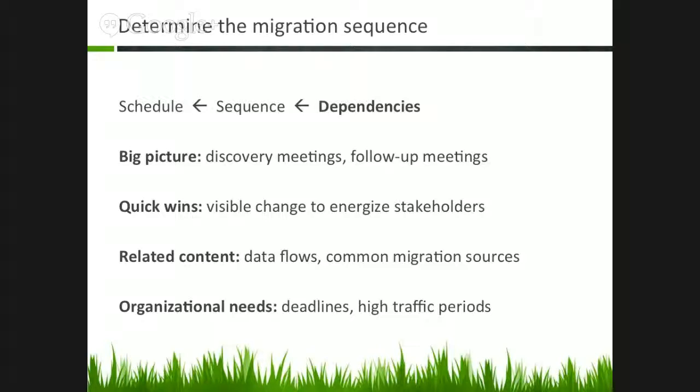We also looked at the way the content related to each other, so there are data flows from this homegrown content management system. Press releases are input by our public affairs office, and then they're fed to different components, so we have to group those sections together. Also, the WordPress blog has to go together as a group. And finally, organizational needs. As we met with each of these components, we talked about their deadlines.